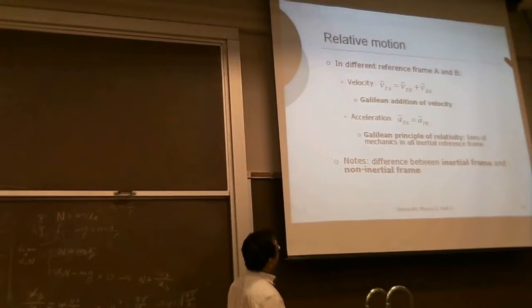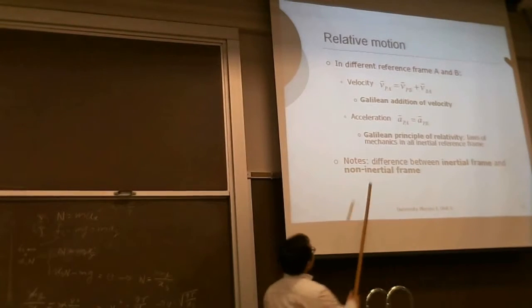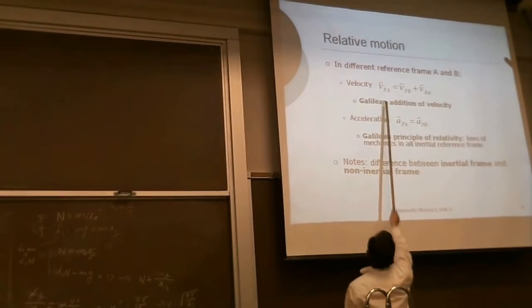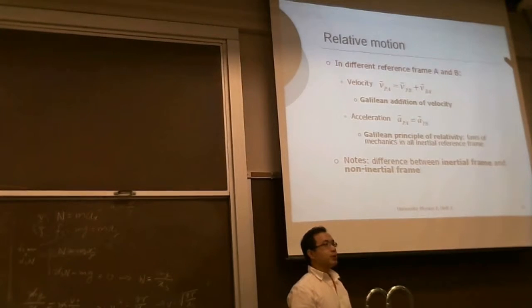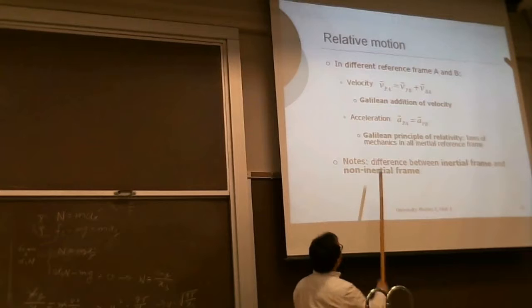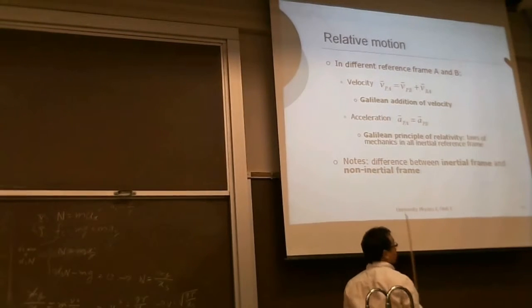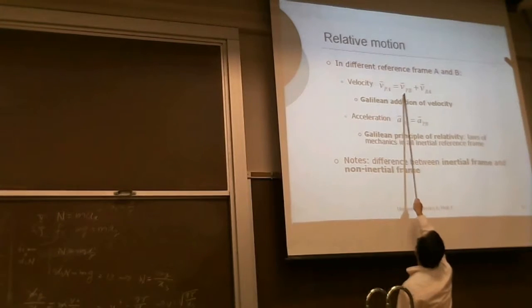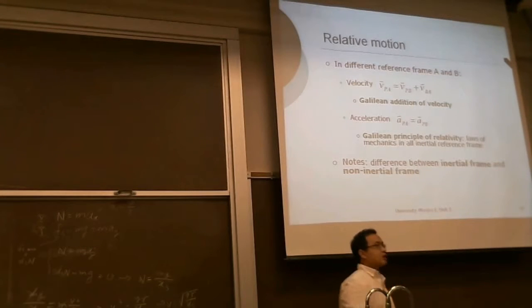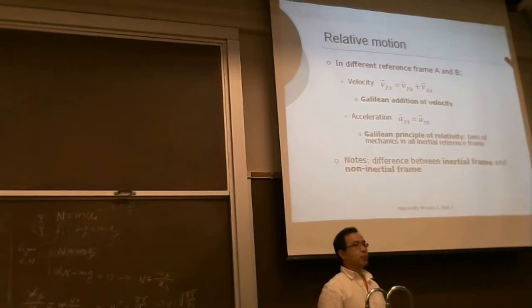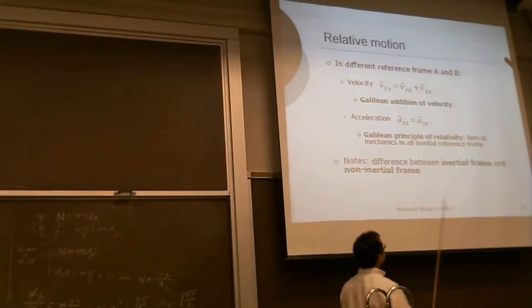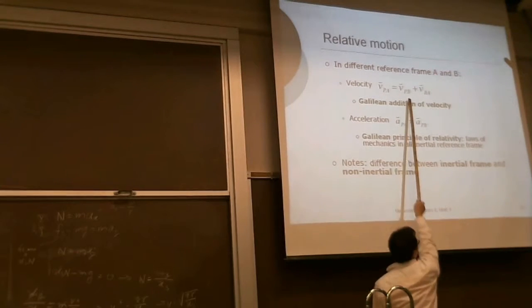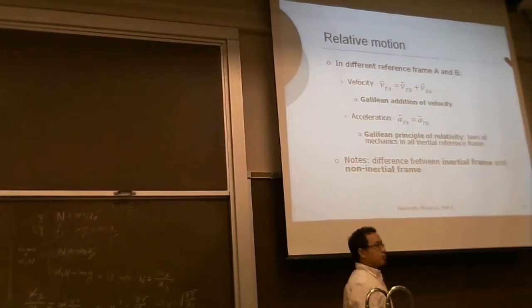But in any case, if you have the two frames A and B, you can talk about the velocity for a particular point, like P. So VPA is the velocity of point P, the boat, relative to A, for example the ground, and VPB is the velocity of the boat relative to another frame, the water. So there is a straightforward relationship.